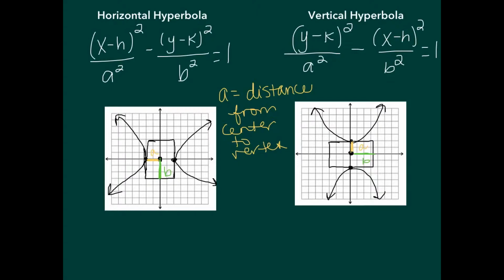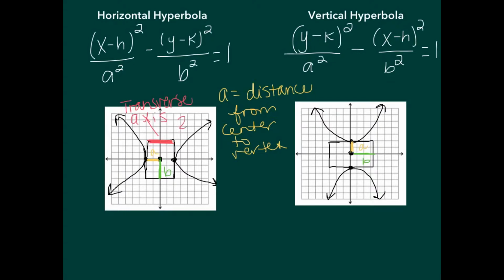Now, we've got something called a transverse axis. This length right here, which is the same as this, the distance between the vertices, is called your transverse axis. As you can see, it's 2a.